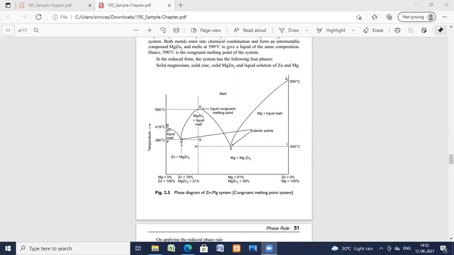So P is 3, C is 2. F is equal to C minus P plus 1, so F is equal to 2 minus 3 plus 1. It is equal to 0, invariant. Now let us have a look at the curves.